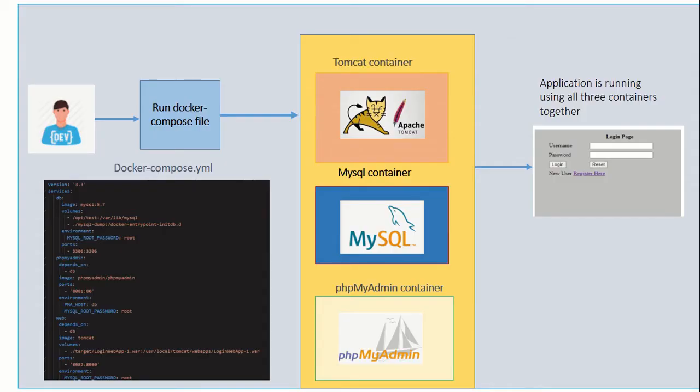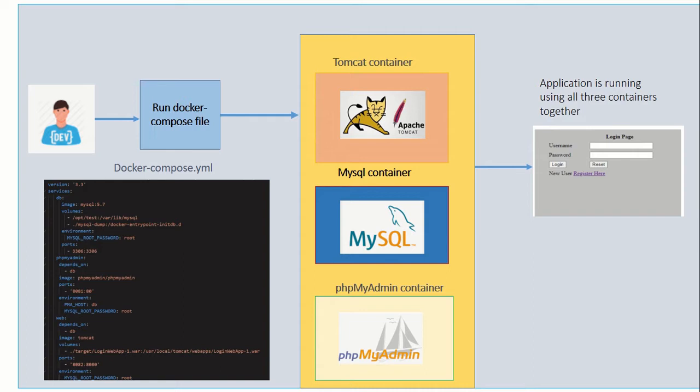As you can see in this diagram, there is a developer. There would obviously be one developer, the first developer, who will write the Docker Compose file that can be used by all other team members if there are a lot of people working on the same application, right? So he has written one Docker Compose file.